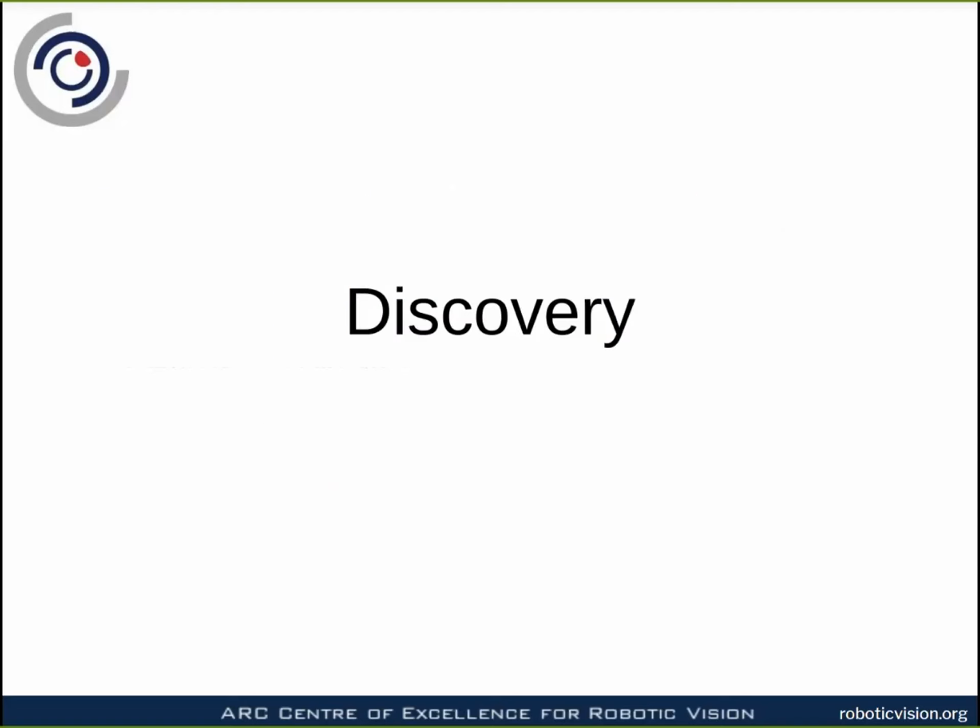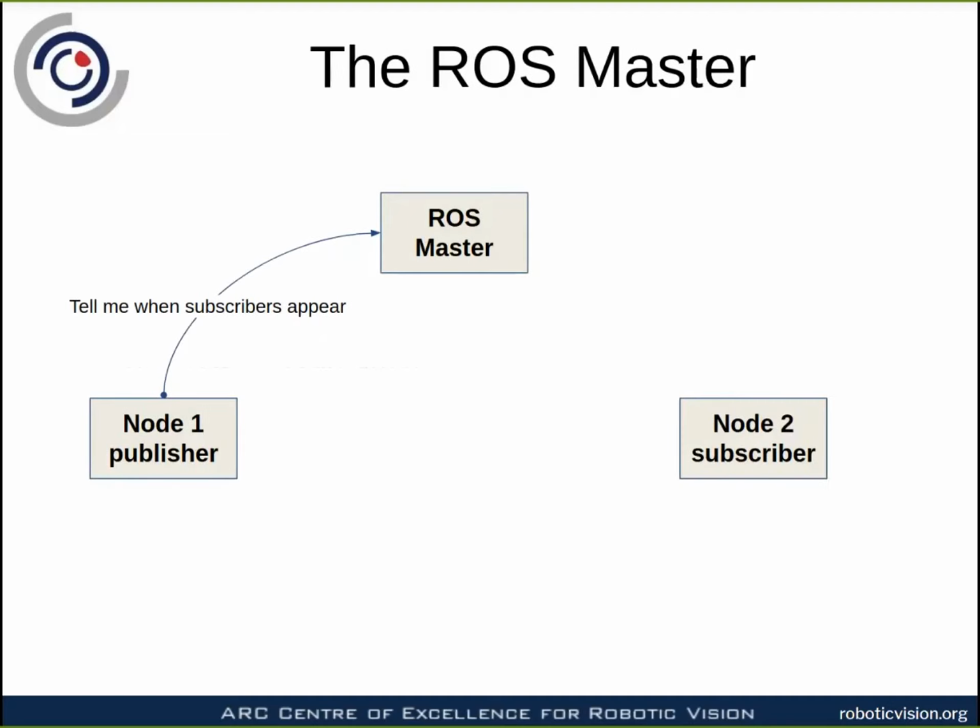Right. So just a last little thing on ROS1, actually, sorry, is this discovery thing. So how does discovery work? Well, I talked about initially this idea of the ROS master. I had to turn my ROS master on before I could run my first publisher. The ROS master is basically this thing that exists on the side that when a node comes online, it communicates to say, I'm interested in publishing these topics.